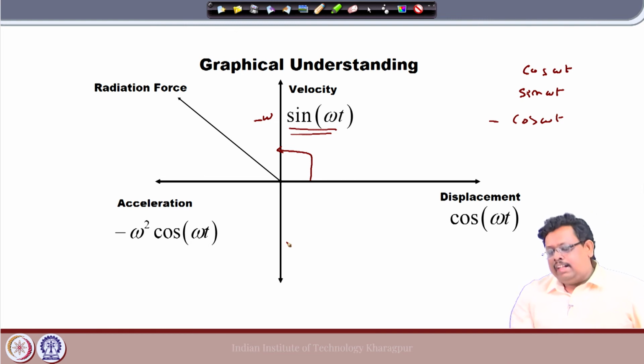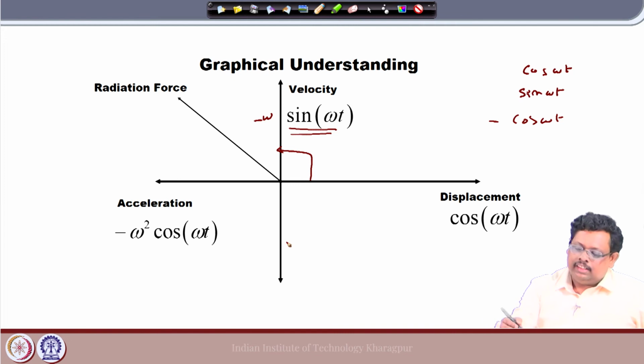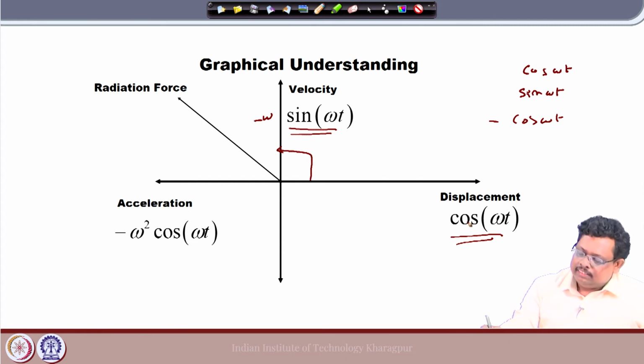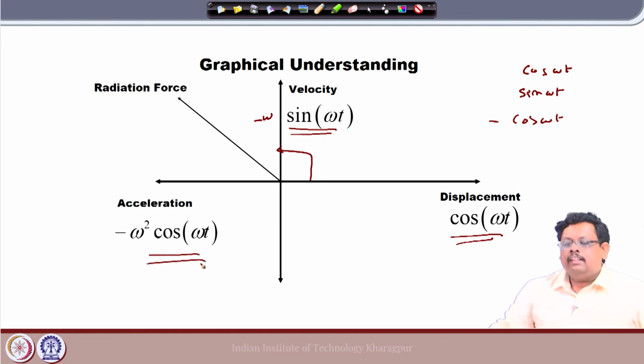It means that when one function is at its maximum, the cos goes to 0, and when cos goes to maximum, sin goes to 0. So it is called a 90-degree phase lag. Again, the displacement and the acceleration have a 180-degree phase lag: when one gets the peak, the other gives the minimum.